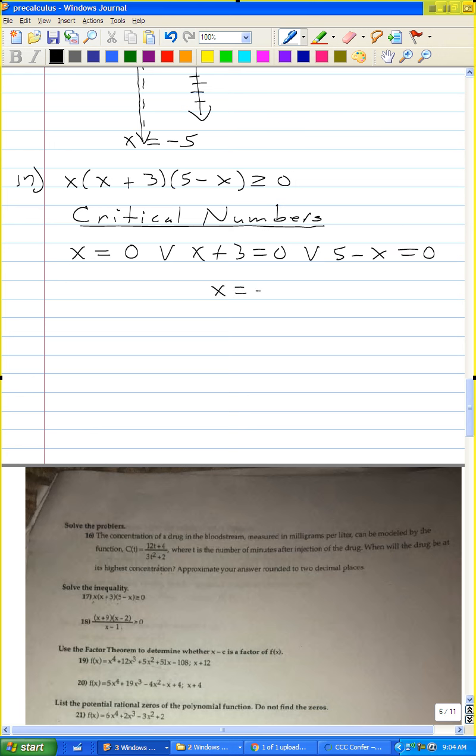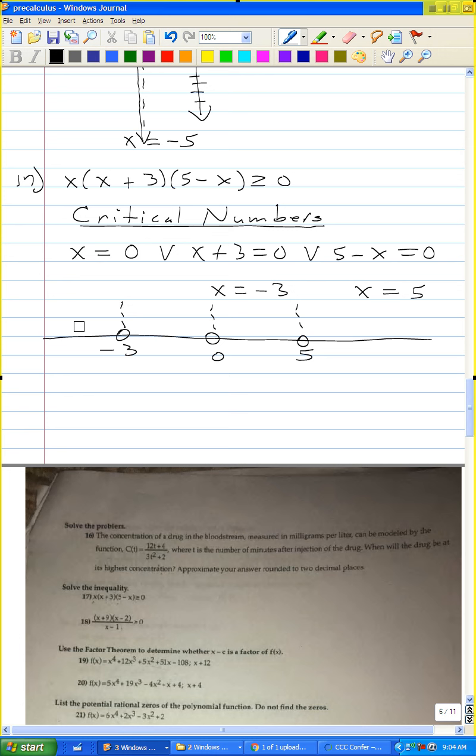So x equals -3, x is 5, and 0. So let's place each of these on the number line. -3, 0, and 5. Okay, so now notice that each of these has multiplicity of 1. So that means that they're going to alternate in signs.